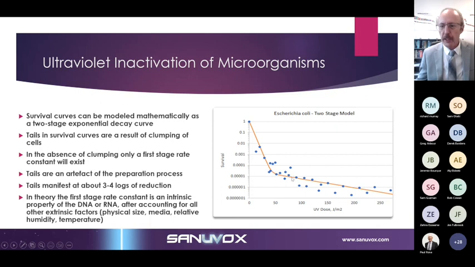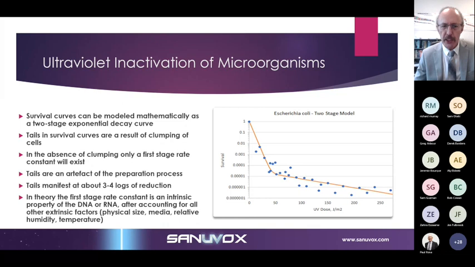The microbes in this group, we call it the second stage, act like they are resistant. But in general, this resistance is an artifact of the fact that these cells get clumped. They clump or cluster together or aggregate, and the cells inside the aggregated clumps are protected from UV, so they behave as if they are more resistant.